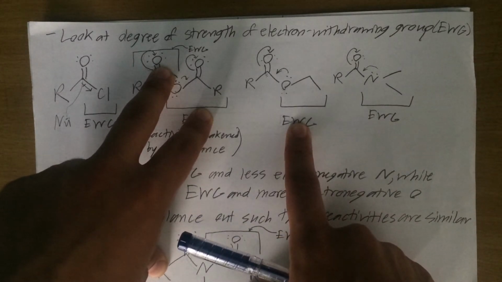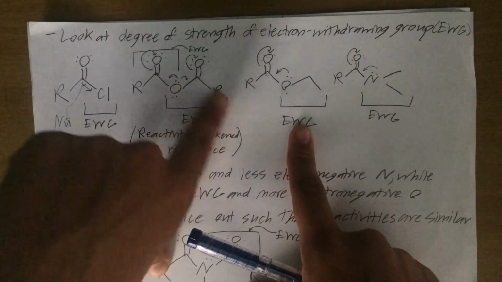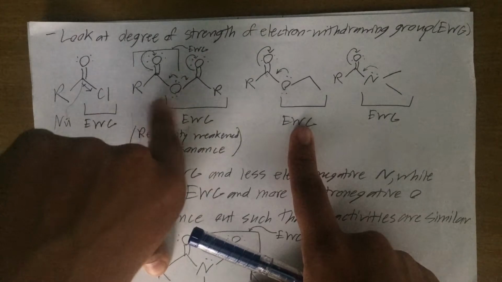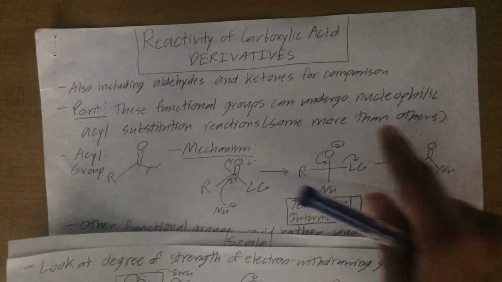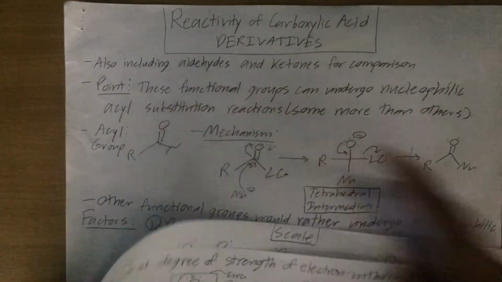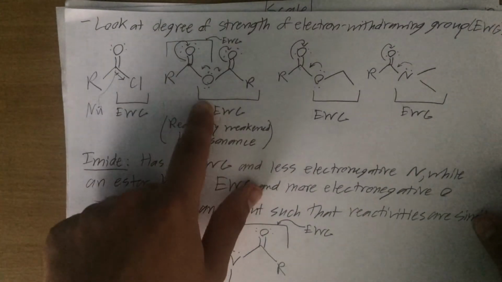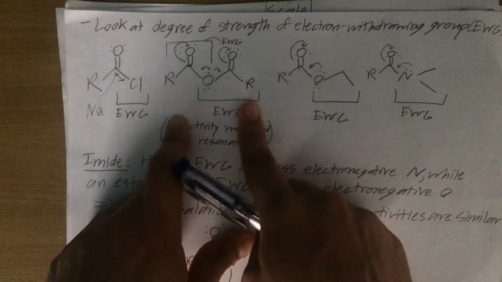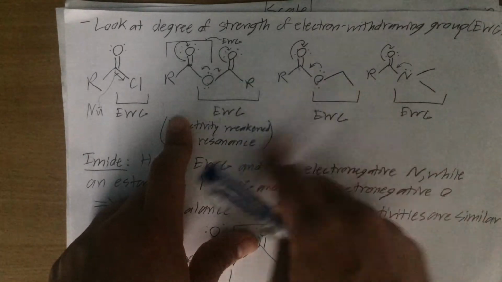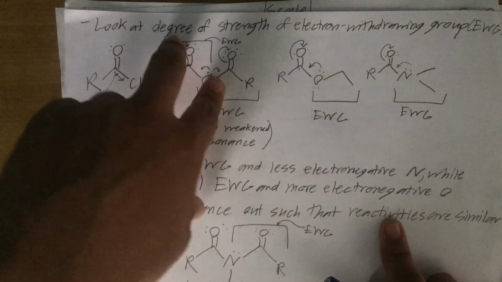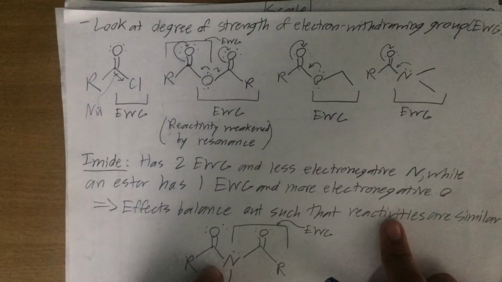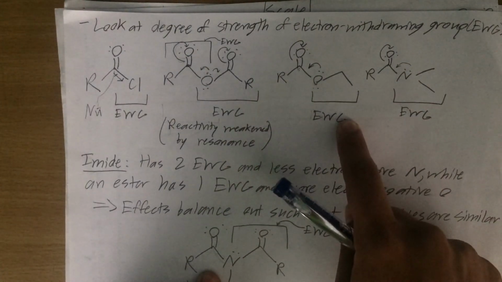So as a result, the acid anhydride kind of wins out, and the nucleophilic substitution reaction, known as the nucleophilic acyl substitution reaction, is easier to do with the acid anhydride compared to the ester, because the acid anhydride has two electron withdrawing groups and the ester has only one.